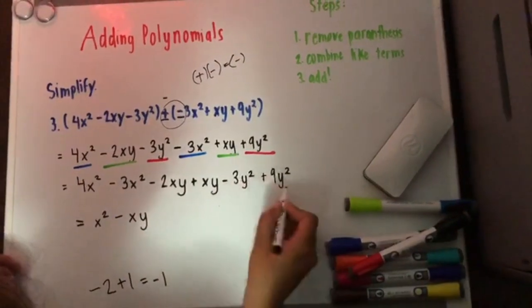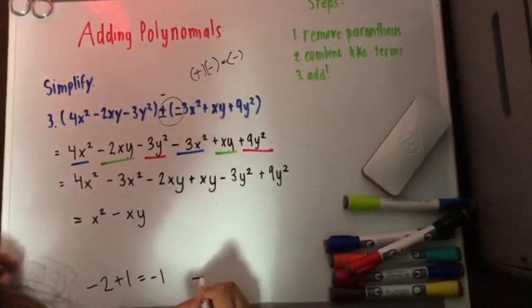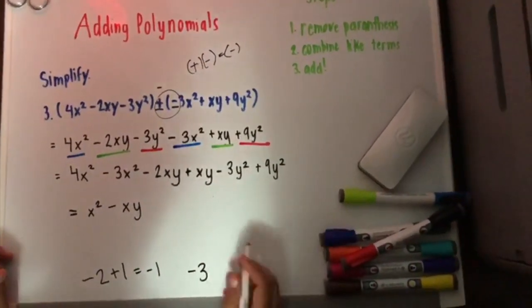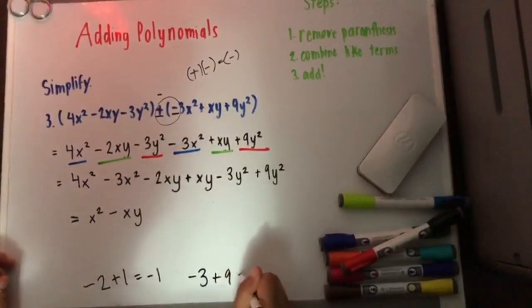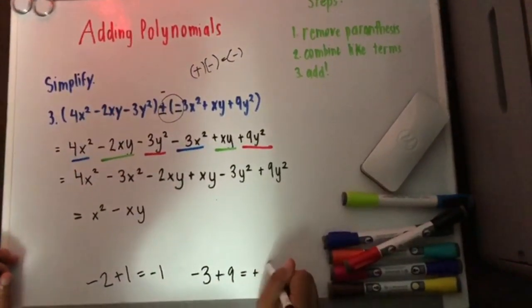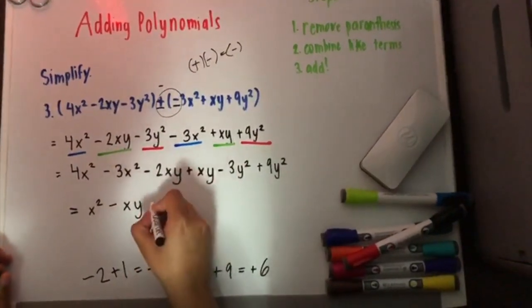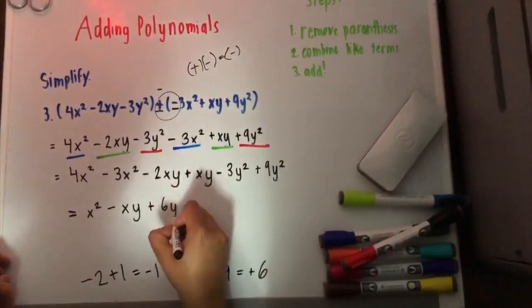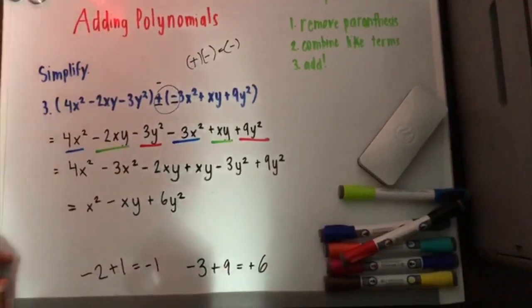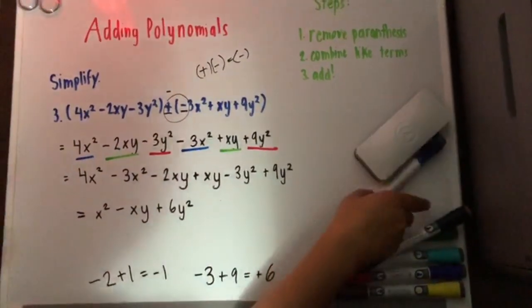So now the next part, which is your y squared, is going to be negative 3 plus 9, which is positive 6, right? So 6y squared.